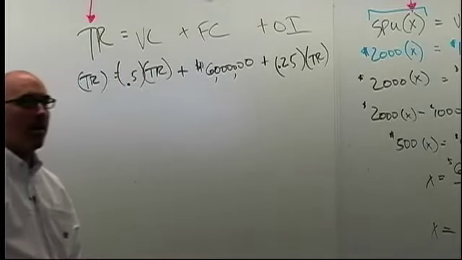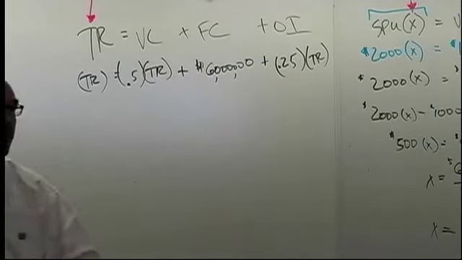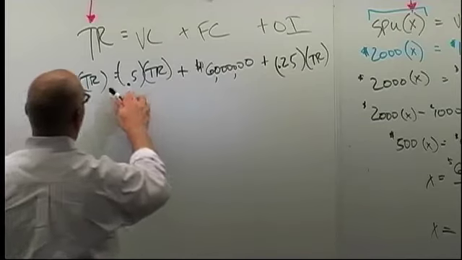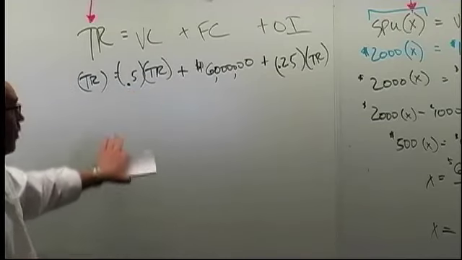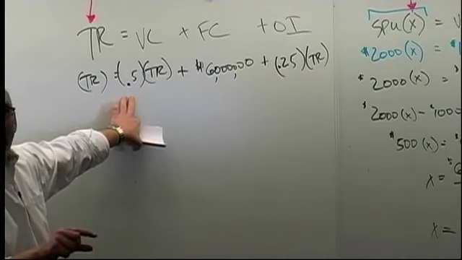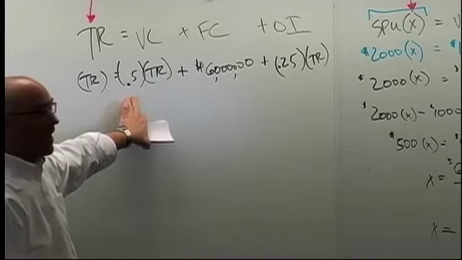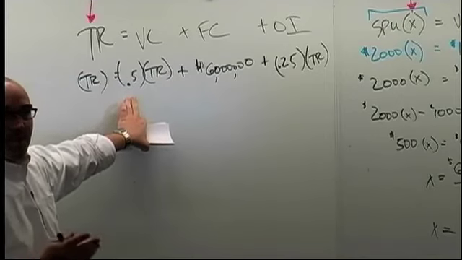0.5. It's the exact same thing as the contribution margin ratio, but recognize we calculated it, and you should write this in your notes, as variable cost per unit of $1,000 divided by selling price per unit of $2,000. That's how we calculated it. That's the variable cost ratio.